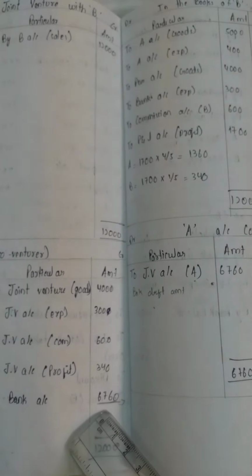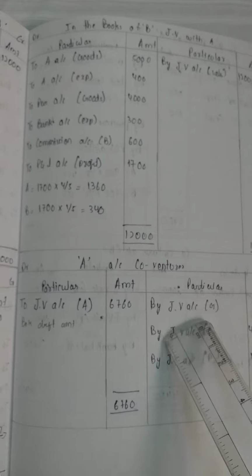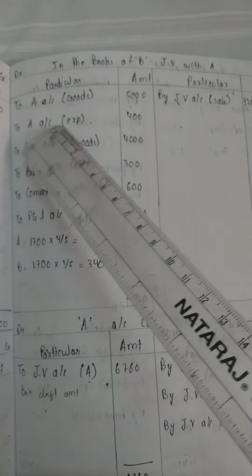Next we have to see the A account, co-venturer. To joint venture account 6,760. From where we are getting the amount means, by bank account we have written 6,760, this amount we have to transfer here. By joint venture account, A account, all the amounts we have to transfer here, 5,000. See, this is the goods of A, we have to write it here.